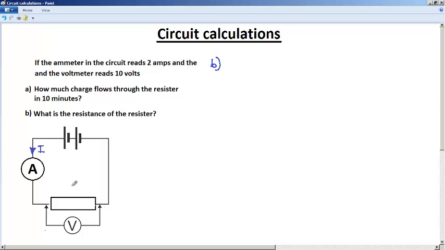Okay, so you've got to remember Ohm's law is V equals I times R. That's the first expression that we write out. Now, what do we need? Well, we know the voltage and we know the current. What we've got to find is the resistance.